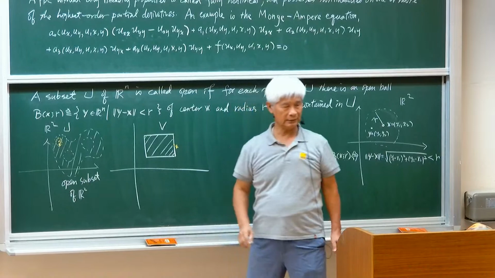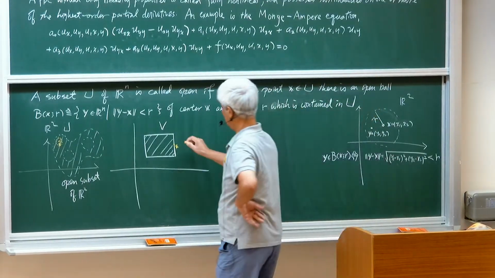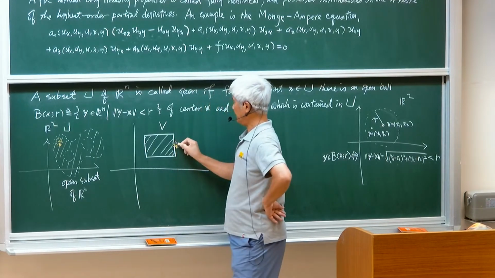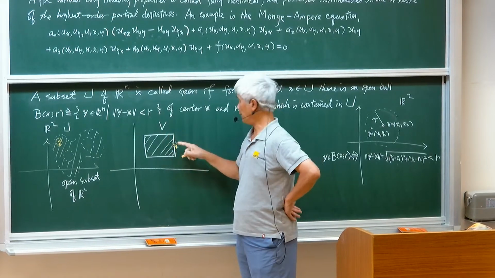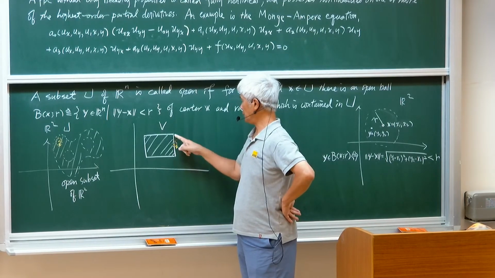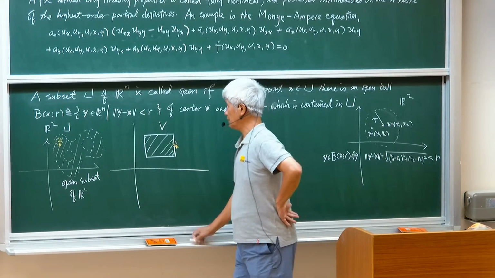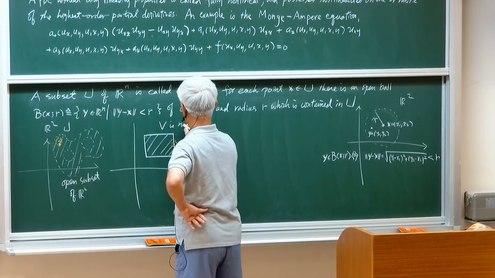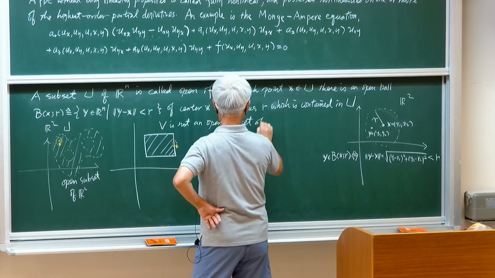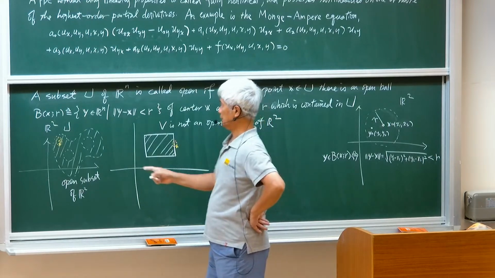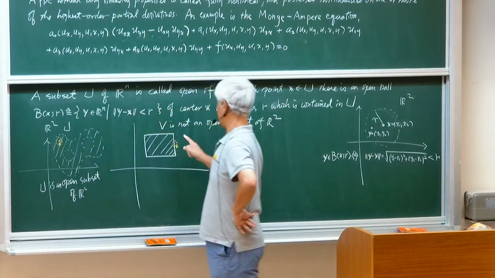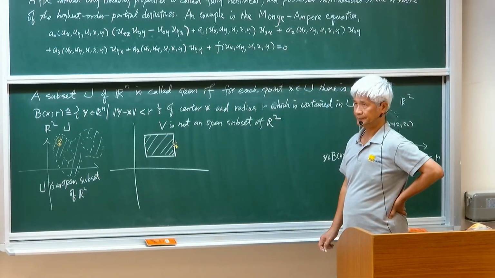Any open ball you construct with center x cannot be inside V. Part of the open ball will be outside of V. Because this point is on the boundary, this V is not an open subset of R^2. So U is an open subset, but this is not one.